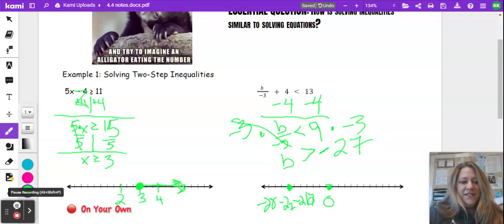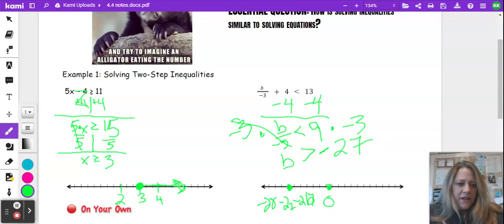Pause. Did it start? I got it. Okay. I made an error. So this is supposed to be an open circle because it doesn't have the line. And then b is bigger than negative 27. So we're going to go this way.